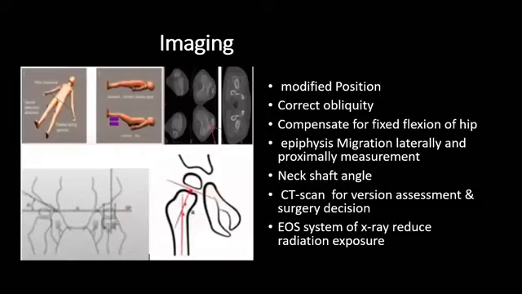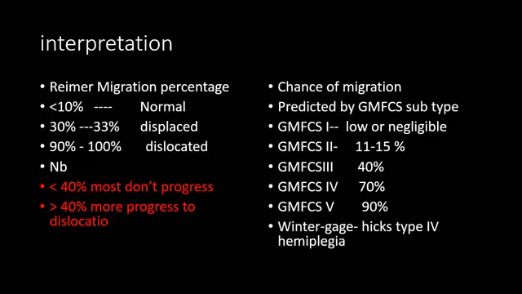The EOS system of X-rays is becoming very handy in assessing children because of reduced radiation. The benefit of this EOS system is it can take AP and lateral X-rays concurrently. Interpretation of this, particularly the Reimers migration percentage: less than 10% is normal, 30 to 33% you can call displaced, and 90 to 100% can be termed dislocated.